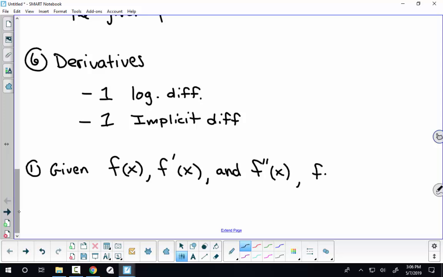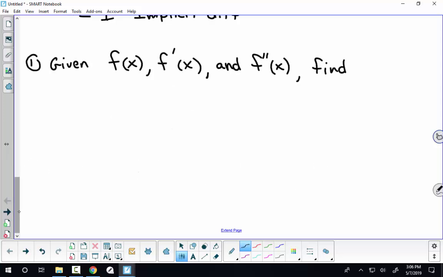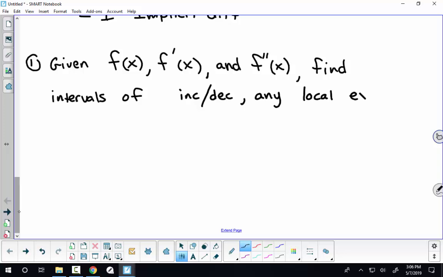What you need to find is the intervals of increasing and decreasing, any local max or mins, intervals of concavity, and inflection points.